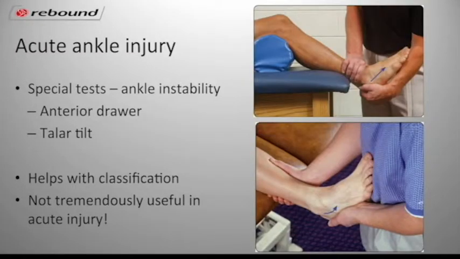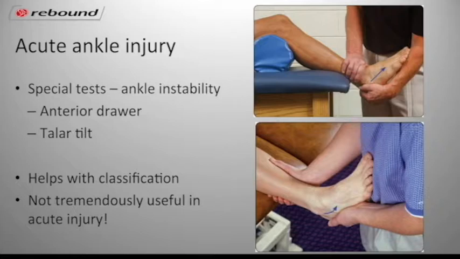Now, there are a couple of special tests to look at the stability of these ankle ligaments. In the acute phase, for one thing, these don't feel great on someone who has just torn their tendons. And the other thing is, I don't know that it really guides treatment early on, although it can give you a sense of how severe the injury is.